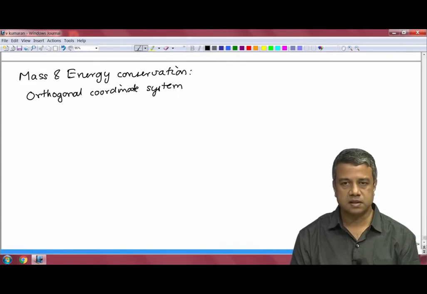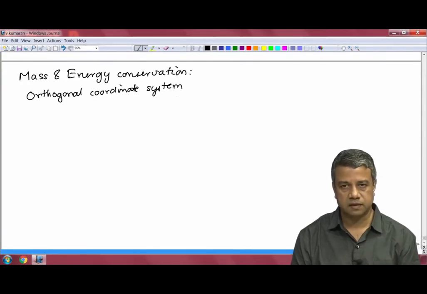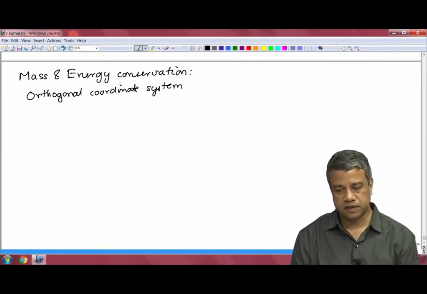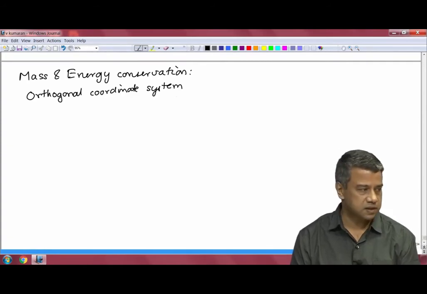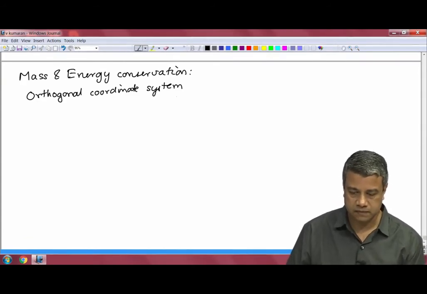The equations have the same form when they are expressed in terms of vector operators, but these vector operators have different forms in different coordinate systems. So, we will first derive it in specific coordinate systems, and then I will motivate the form of the equation in terms of vector operators.